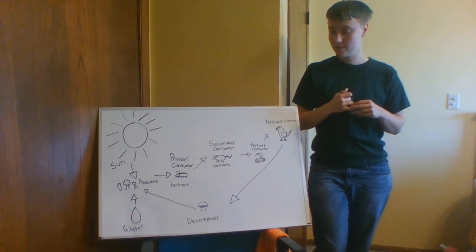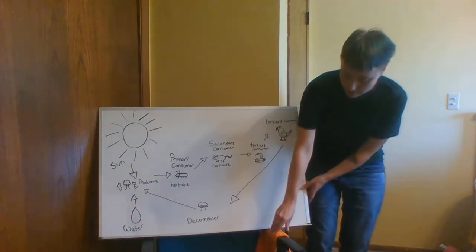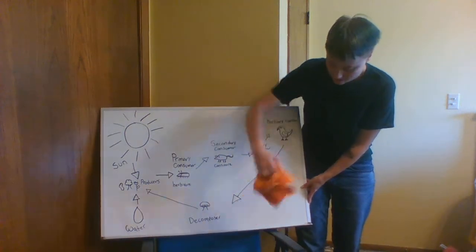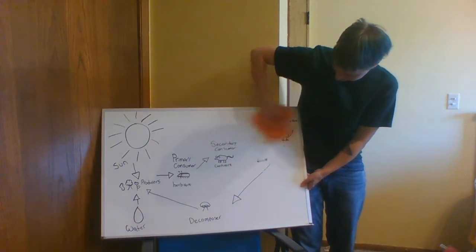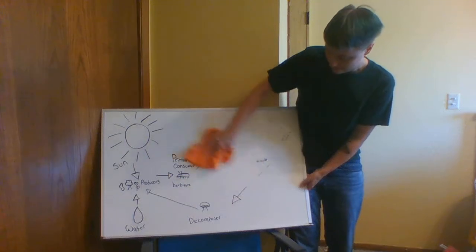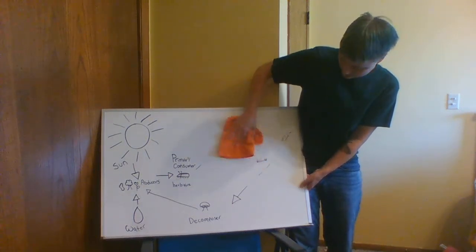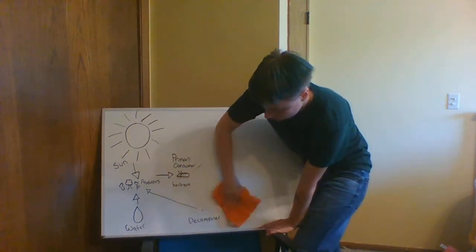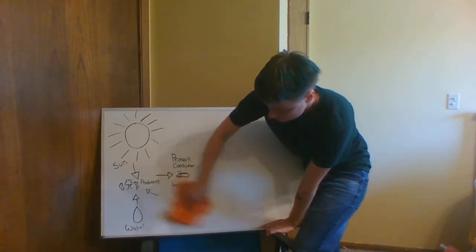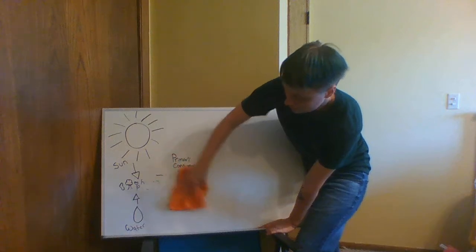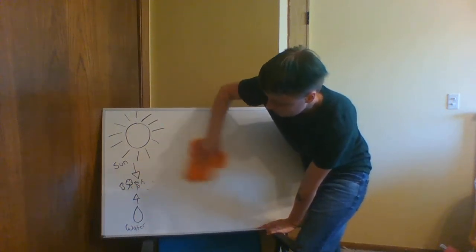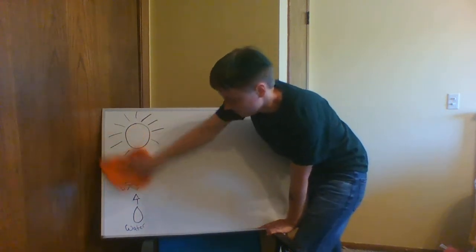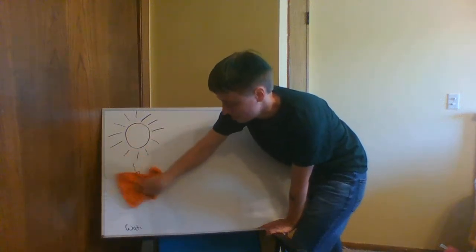Now a food web would look a little bit different. A food web is not erasing as nicely as I thought it would. It has multiple food chains in it. Now, if you are in first grade and below, you only have to worry about making a food chain.